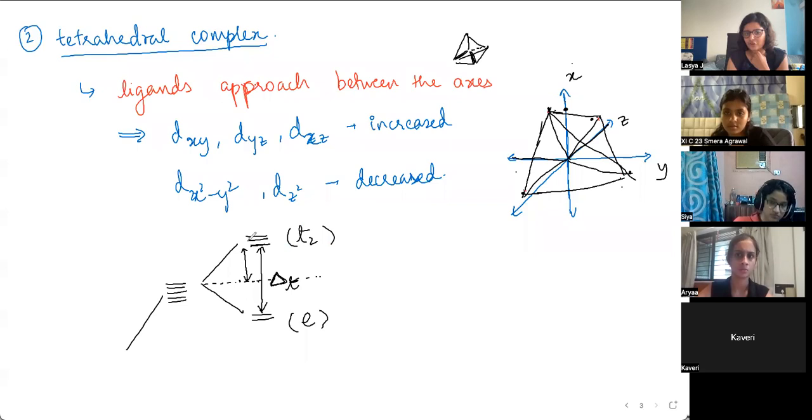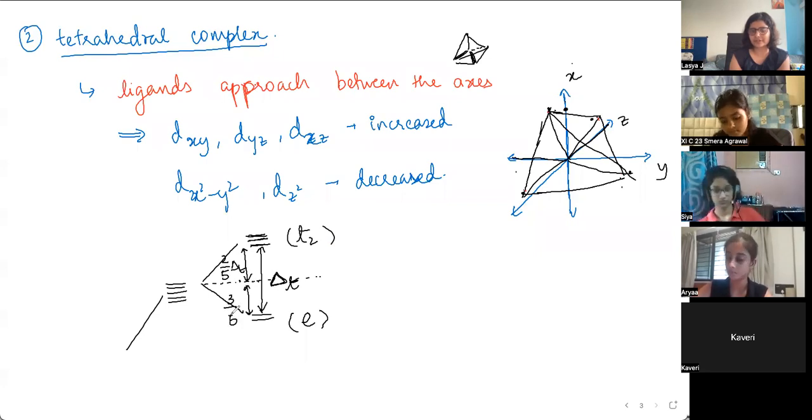So there are 3 orbitals in the higher energy set, right? The total should be equal. So if this takes 2/5 of delta T, 2 by 5 into 3 times will be equal to, by how much has this decreased? 3 by 5 times delta T.